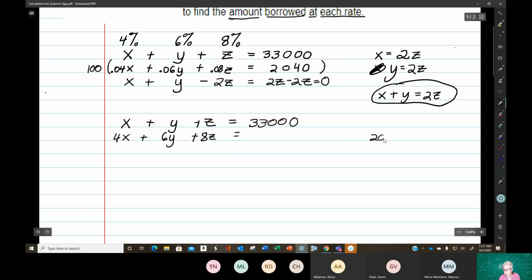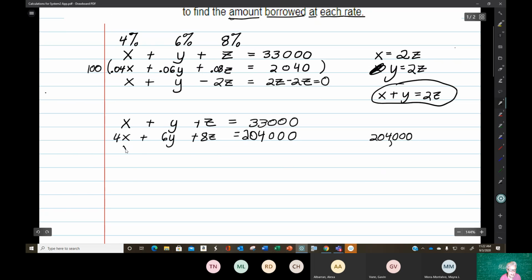We're going to have 2040 with 2 more zeros put on. So this is going to be 204,000. And you'll see if you multiply 2040 by 100, it becomes 204,000. Multiplying by 100 just puts 2 more zeros on there.